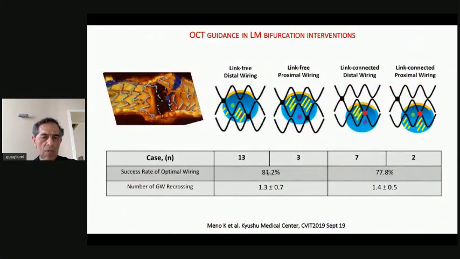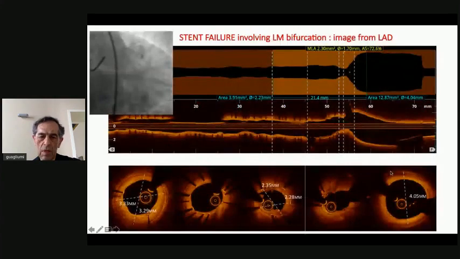So one of the potential pluses of the OCT is in rewiring the cells properly. It's not obvious. You need some training and you need to spend some time. This is the number of guide wire recrossings, but in any case, you can be quite successful in getting the wire proximal or distal where you want, in terms of rate.